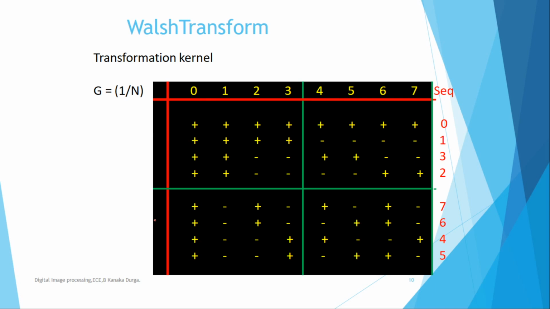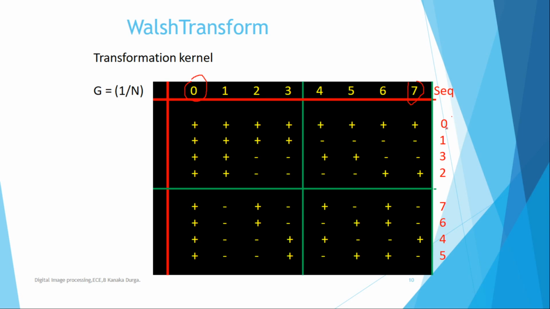So you can represent it for 3 variables also. This is the 3 variable representation. You can take the n value like this, from 0 to 7, with N equal to 8. The small n value ranges from 0 to 7, and the k value also ranges from 0 to 7, but we have to take it in reverse order.